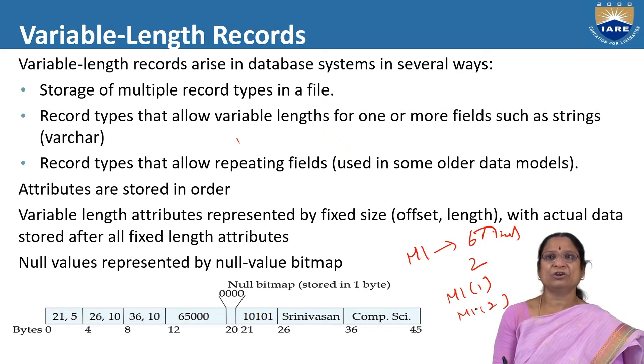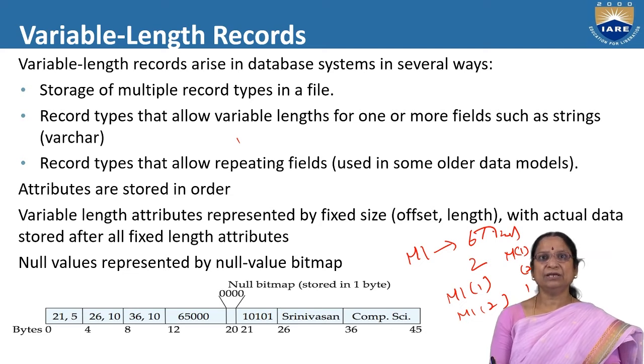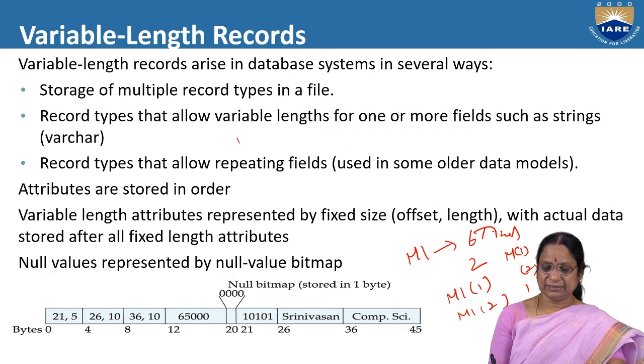If one student appears with 6 subjects, then M1 of 1, 2, etc. up to 6. So totally this is the process of working of the respective records.